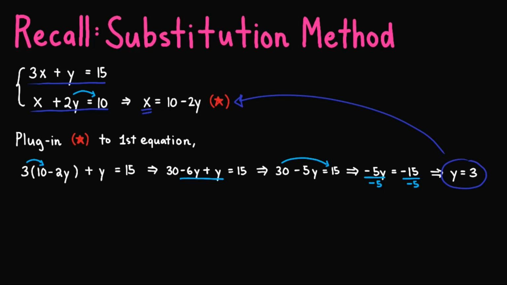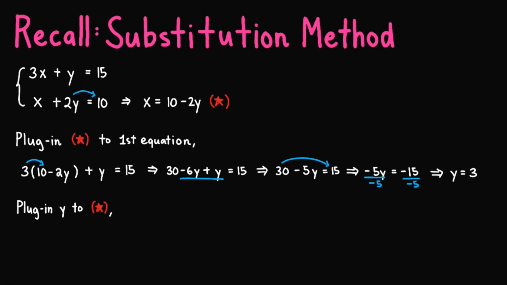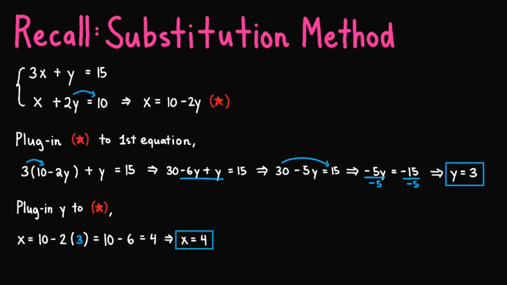So we plug in y to the equation star and we'll get x equals 10 minus 2 times 3, or when simplified is 10 minus 6 or 4. So we have x equals 4. So we now have a value for x and y. Using these two, we obtain the solution, which is the point (4, 3) for this linear system. And so that is how we apply the substitution method.